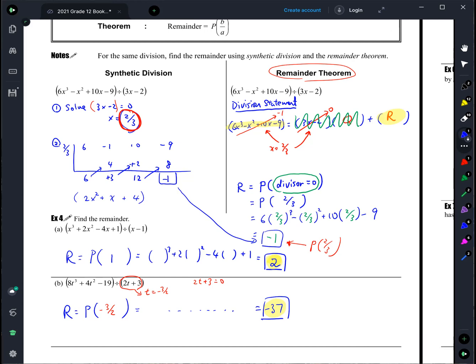Does anyone have anything different? Nick, which question are you working on now? B. Do you have answer for A? Yeah, 2. Okay, all right. Please raise your hand when you finish both A and B.